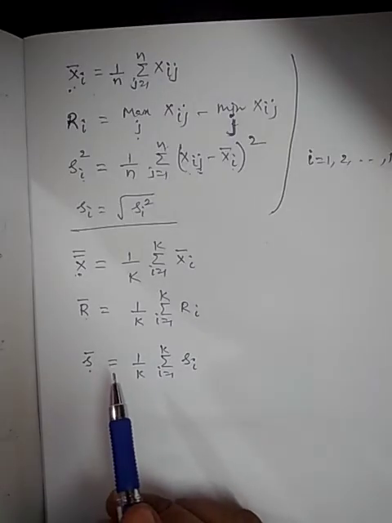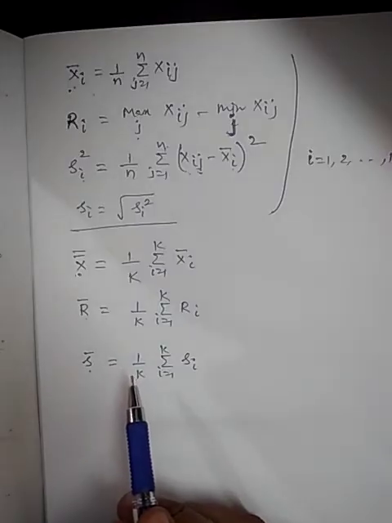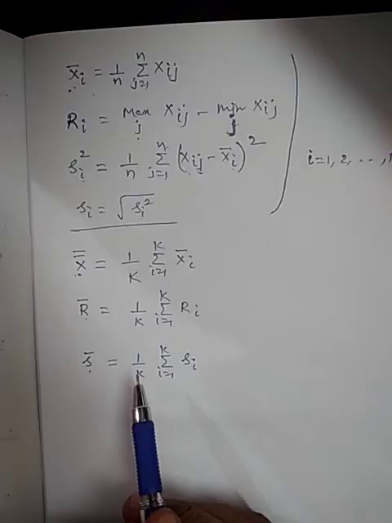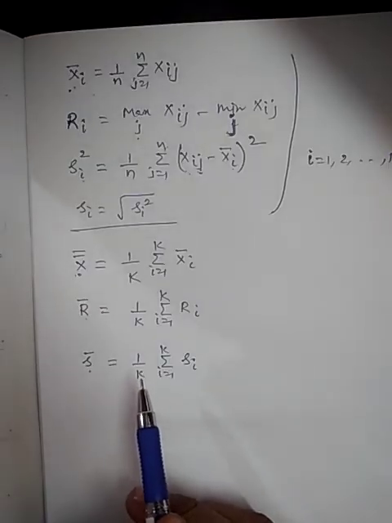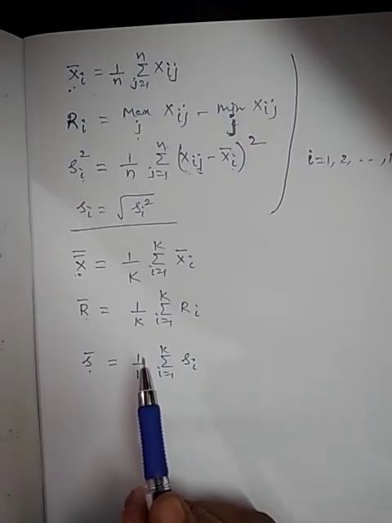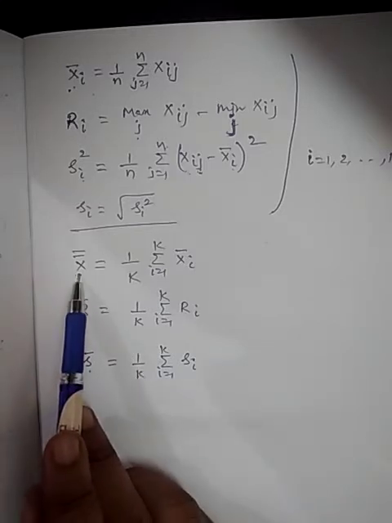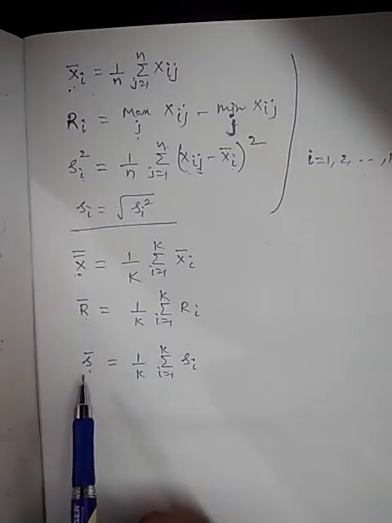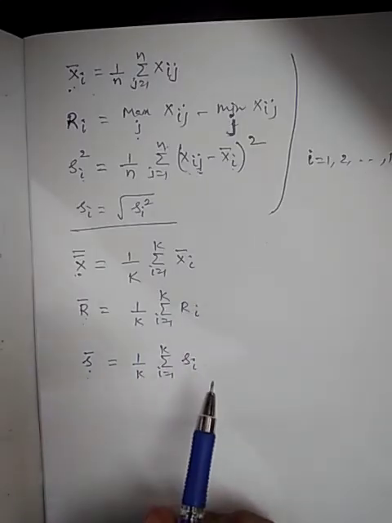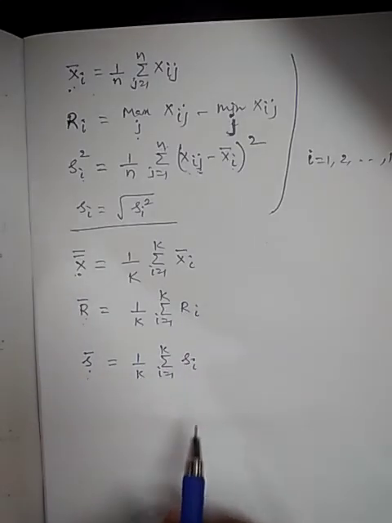Whichever sample measures we calculate, mean, range and standard deviation, we again calculate the average for all sample means, sample ranges and sample standard deviations, which are denoted by x double bar, R bar and S bar. These are the formulas. This is the third point.